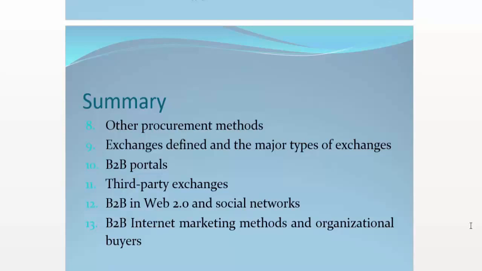B2B internet marketing methods and organizational buyers. We learned about several internet marketing methods. Those also include social media, for example Facebook, Twitter, Instagram, and there are many others, Google Plus pages, you can just keep going on, but you cannot limit yourself to one social media.